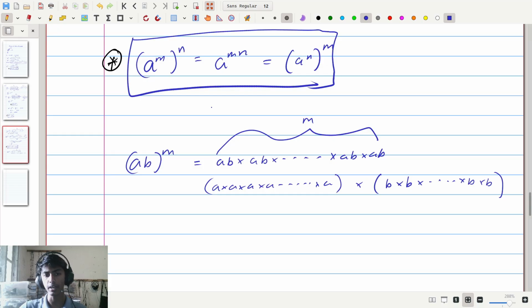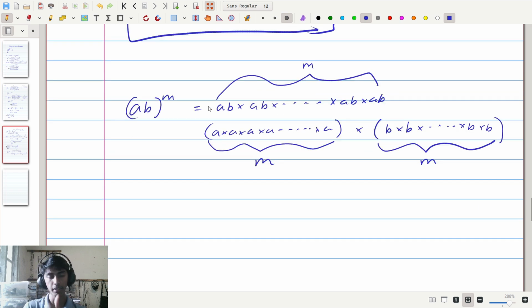So what we have here, how many a's do we have? Well, considering we had m number of pairs of a and b's, we had m number of a's here, and we also had m number of b's here. And now we have repeated multiplication of something a certain number of times, which we can of course rewrite in a different format. A being multiplied by itself m number of times is a to the m, and b being multiplied by itself m number of times is b to the m.